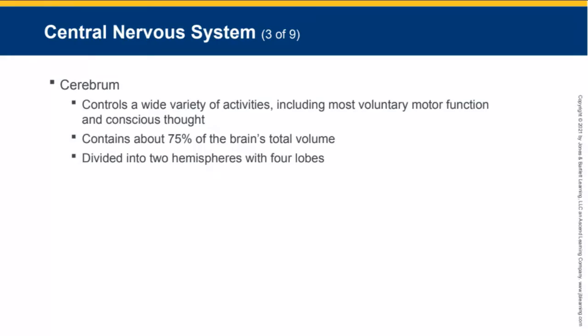It contains about 75% of the brain's total volume, and it is divided into two hemispheres with four lobes. These four lobes are the frontal lobe, parietal, temporal, and occipital. Each lobe has specific functions.